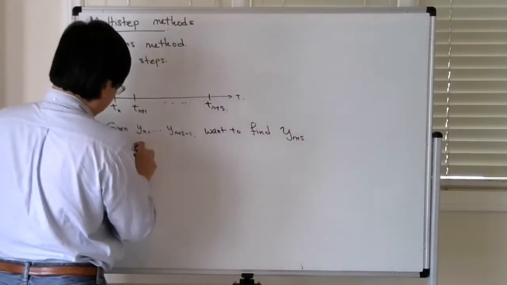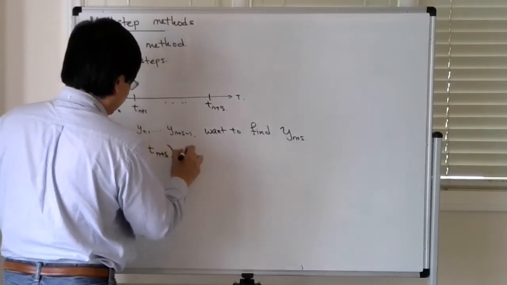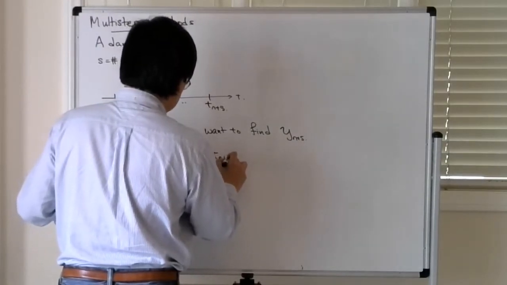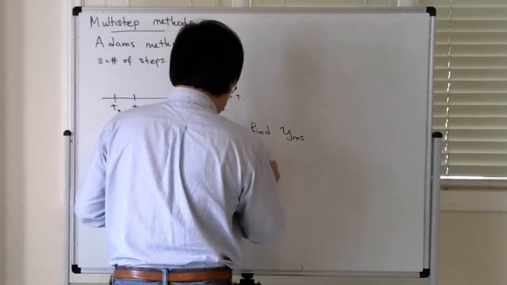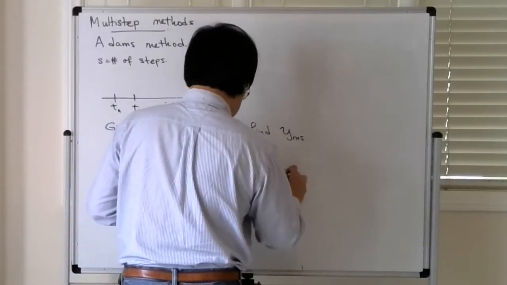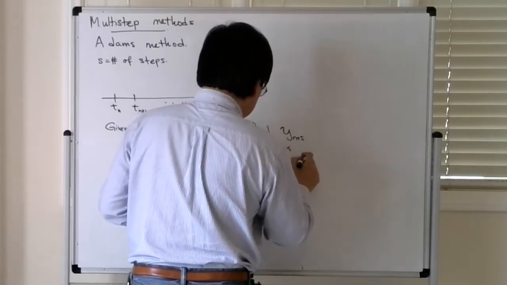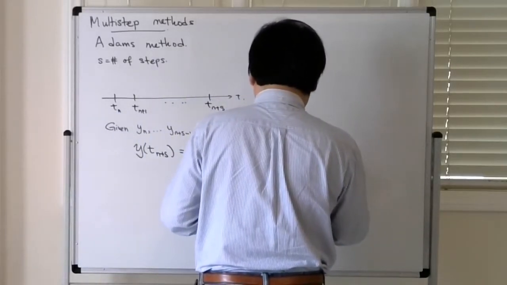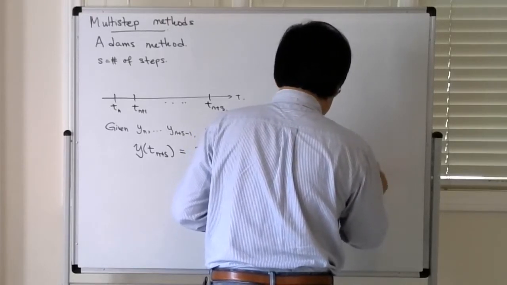So you can write y at t n plus s as being equal to y at t n plus s minus 1, plus the integral from t n plus s minus 1 to t n plus s of f evaluated on the vector field, y of tau d tau.